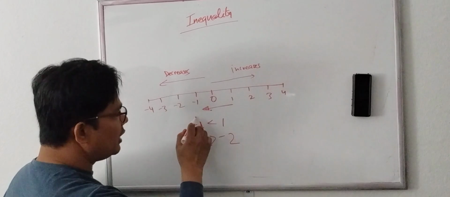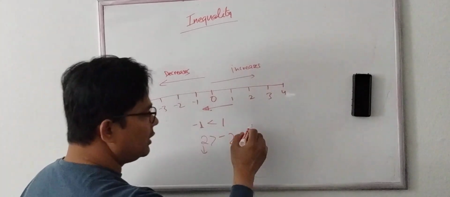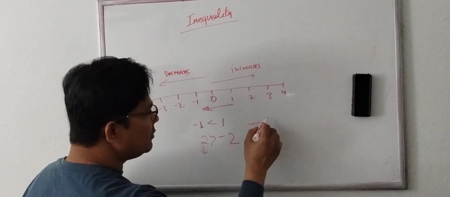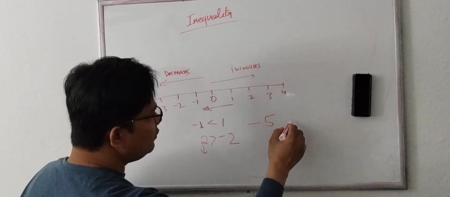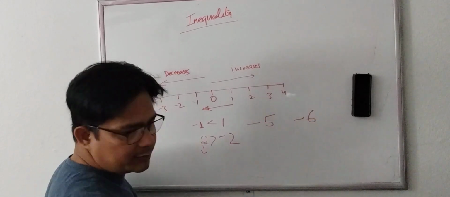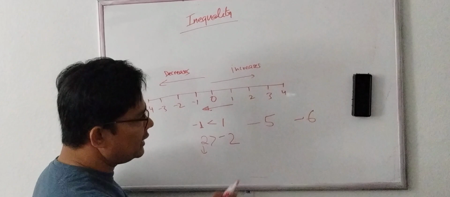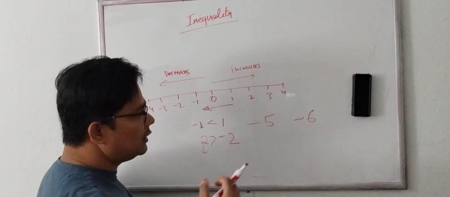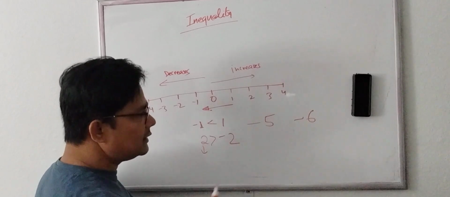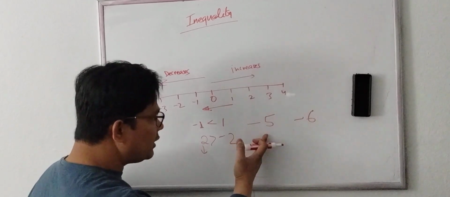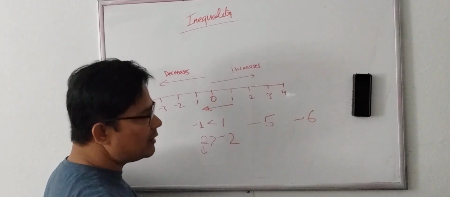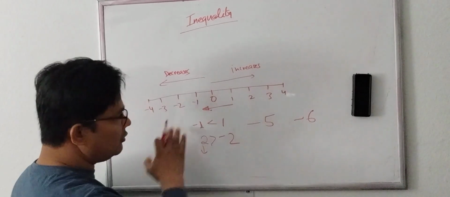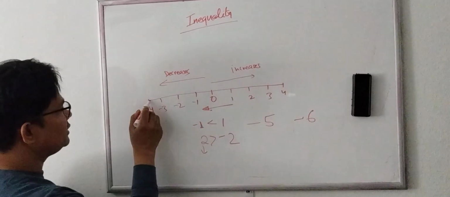Like if you have two numbers, let's say you are learning negative numbers and you don't know the relationship between -5 and -6, whether -6 is bigger or -5 is bigger. Because in terms of positive numbers, you learn that 6 is greater than 5, but what if you have -5 and -6? It's simple. Draw a number line and see the position.